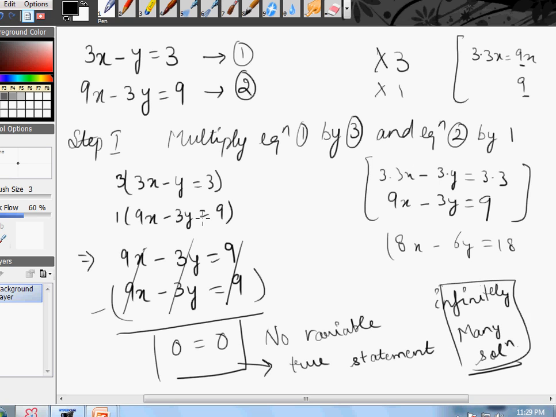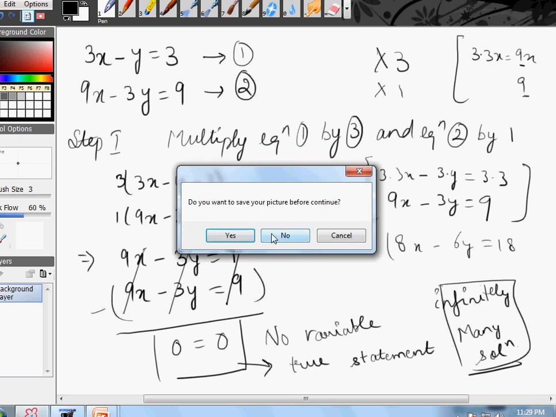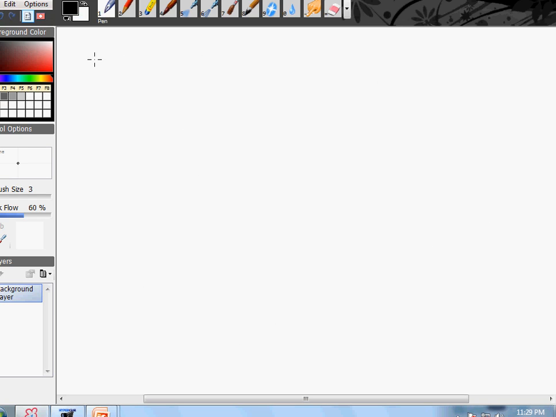This was another example of how to solve a pair of linear equations by the elimination method. Let us have one more example to more clearly study step 2 of the elimination method.